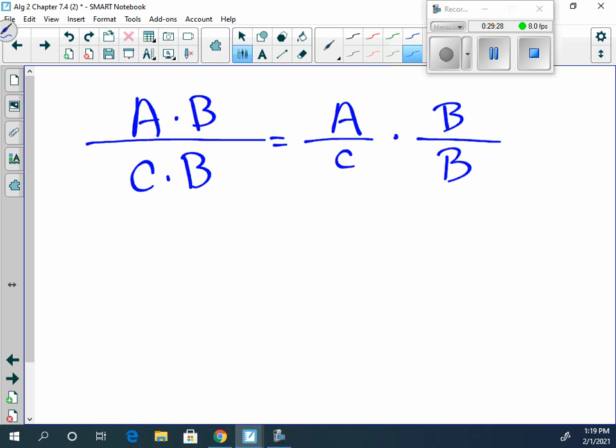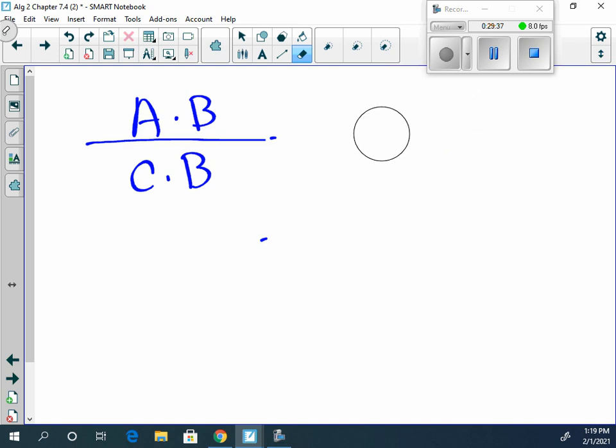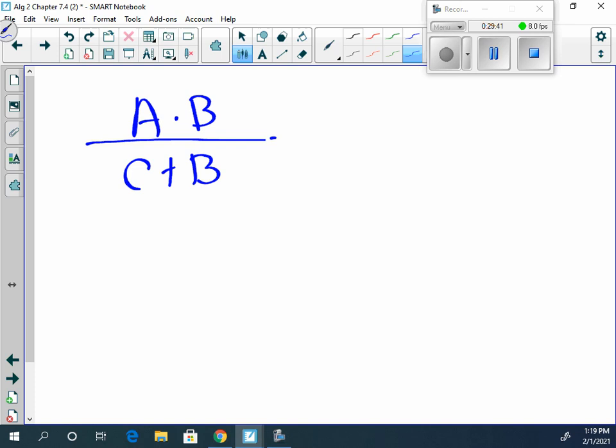Anything divided by itself is 1. So I can simplify it to a over c. Now, unfortunately, with c plus b, because I can't separate those two like I can with multiplication, it doesn't work that way. These here are stuck together. It'd be nice if it did, but unfortunately, it doesn't work that way. Any other questions on this here?